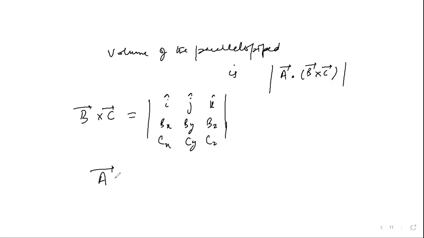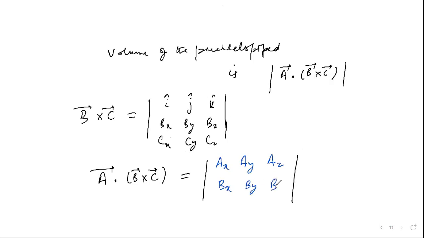A dot B cross C can be written in component form using this determinant: Ax, Ay, Az, Bx, By, Bz, Cx, Cy, Cz. So you need to remember this.